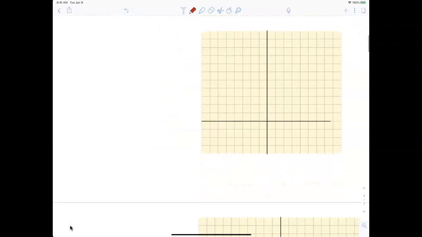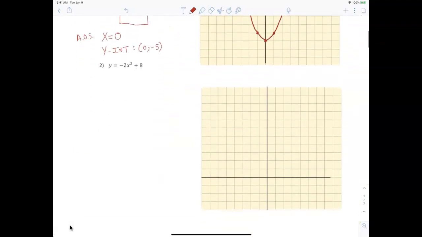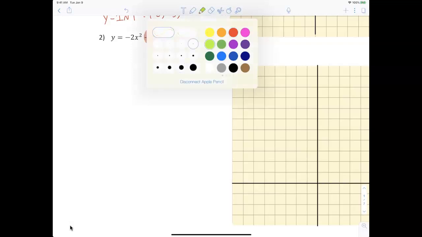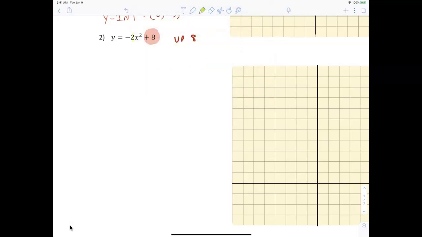All right. Now let's take a look at number 2. Number 2, I want to show you this. That's plus 8, right? So that means it's been shifted up 8 units. Now, what I want to talk about means a is -2.